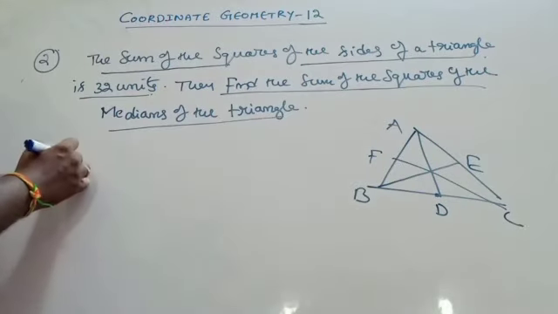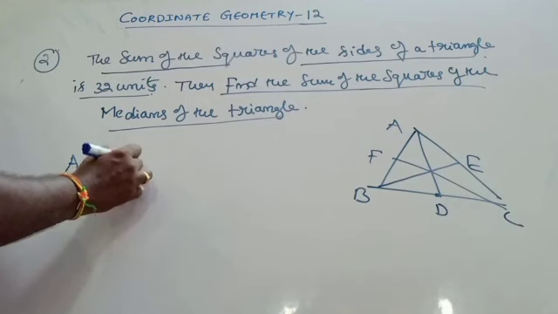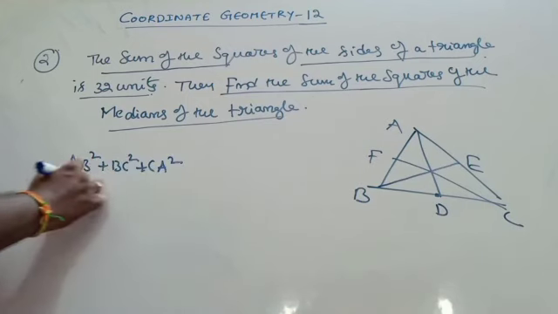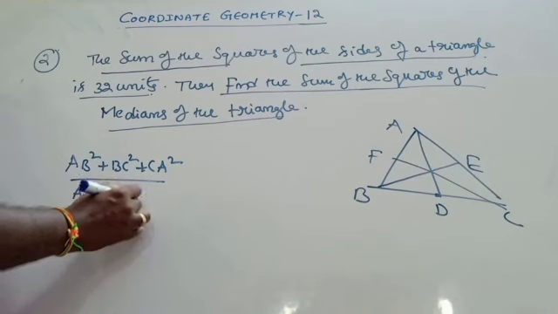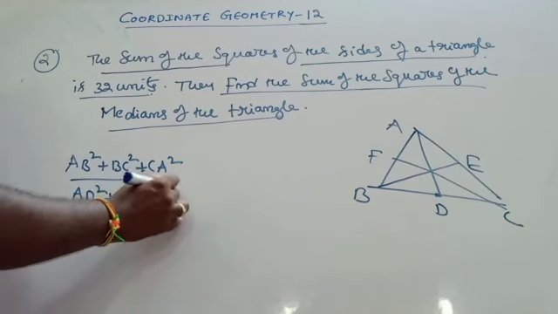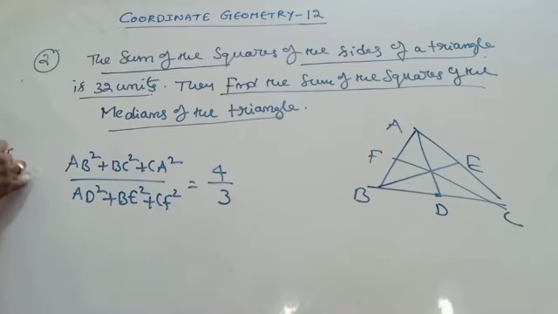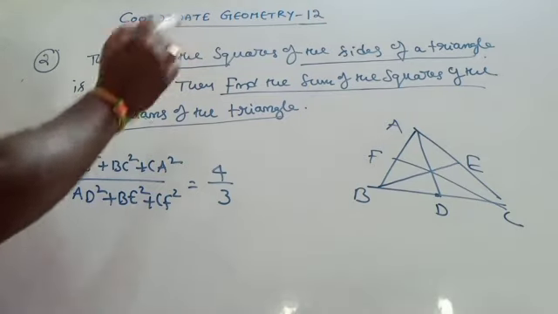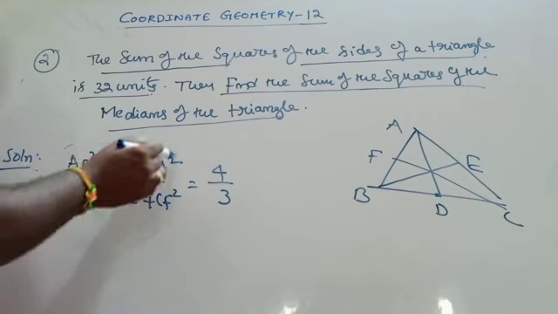Then we got in the previous video, (AB² + BC² + CA²) / (AD² + BE² + CF²) is equal to, we know, 4/3, right? Once you know this as 4/3, my dear students, they given the sum of the squares of the sides of the triangle, the numerator now.